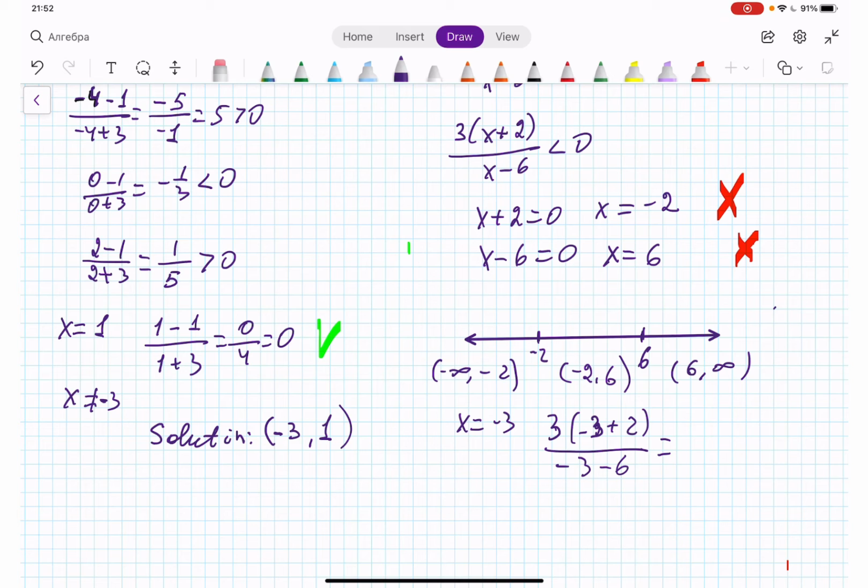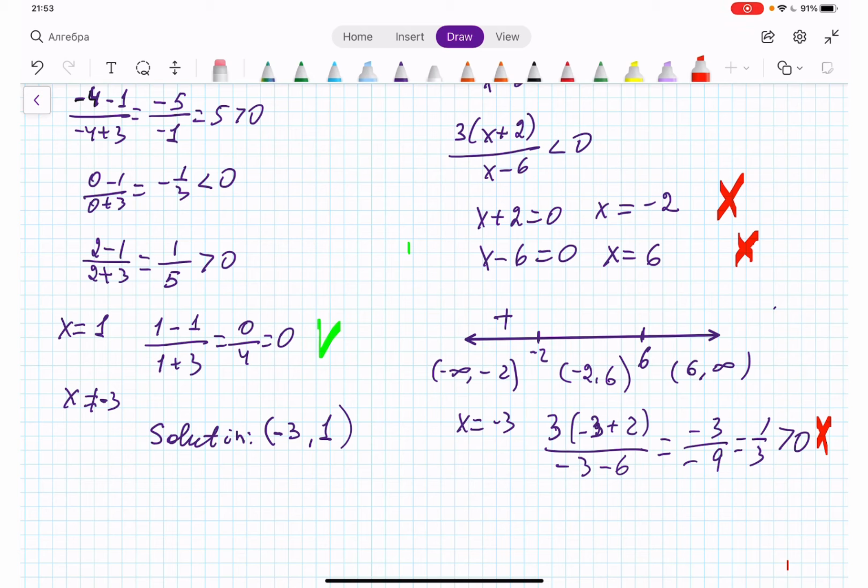So we are getting negative 3 times negative 1 over negative 9, which is positive 1/3, which is greater than 0. But we need less than 0, right? This is plus. So this one is not going to work.